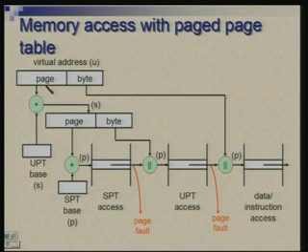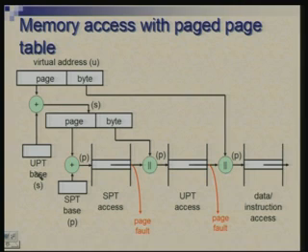Now, we need to make a reference to the user page table to know about this, and we have the starting address of the user page table here in this register. UPT stands for user page table. So, its base address is available in a register. But now it is not a physical address.